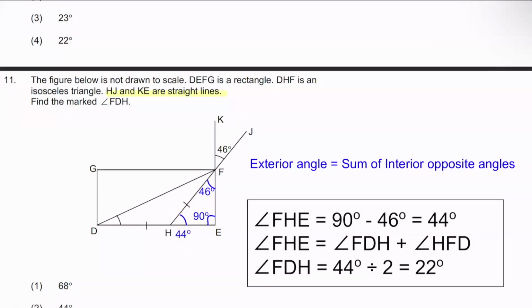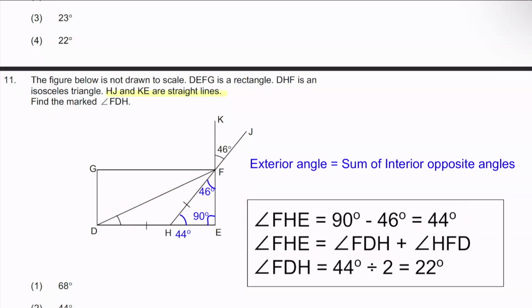Now, angle FHE, which is 44 degrees, is equal to angle FDH plus angle HFD, which is here. Why? Because exterior angle equals the sum of the interior opposite angles.